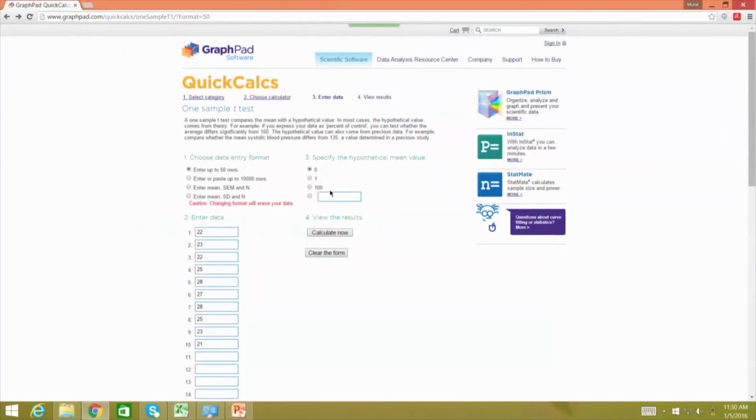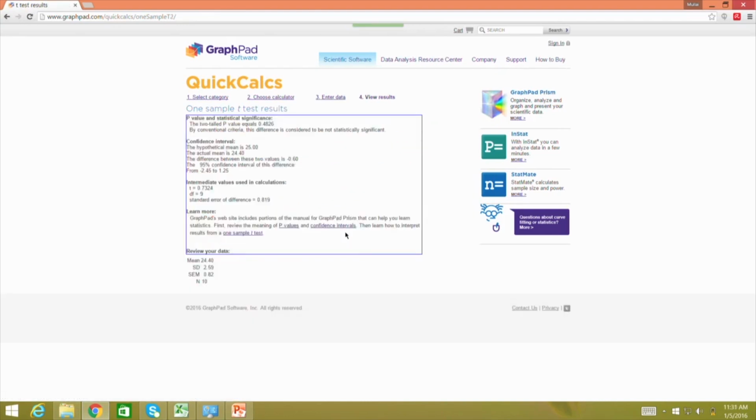Here we put 25 as the global average which you are interested in. So, we can say calculate now. By conventional criteria the difference is considered to be not statistically significant because the p value is coming out to be 0.4826.